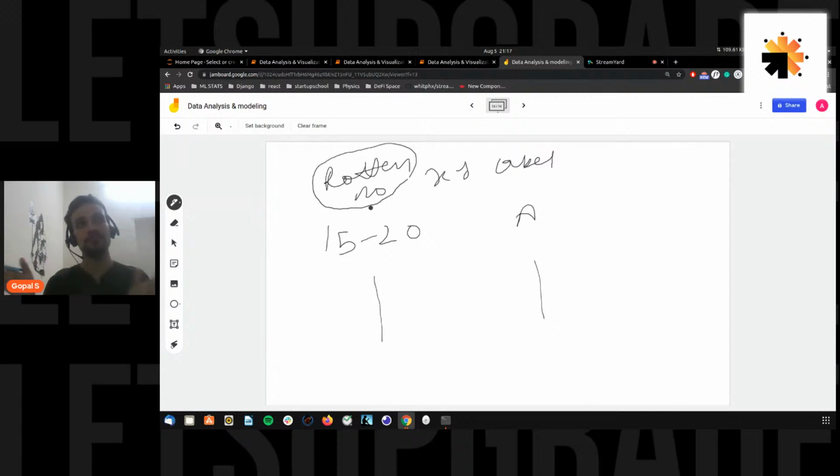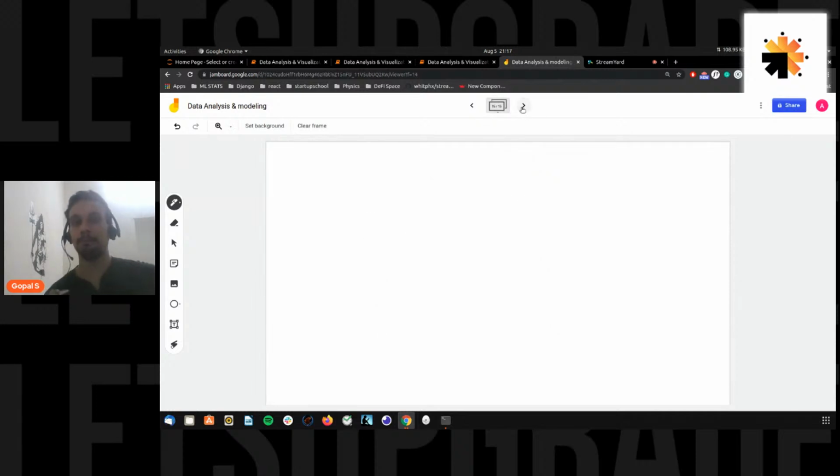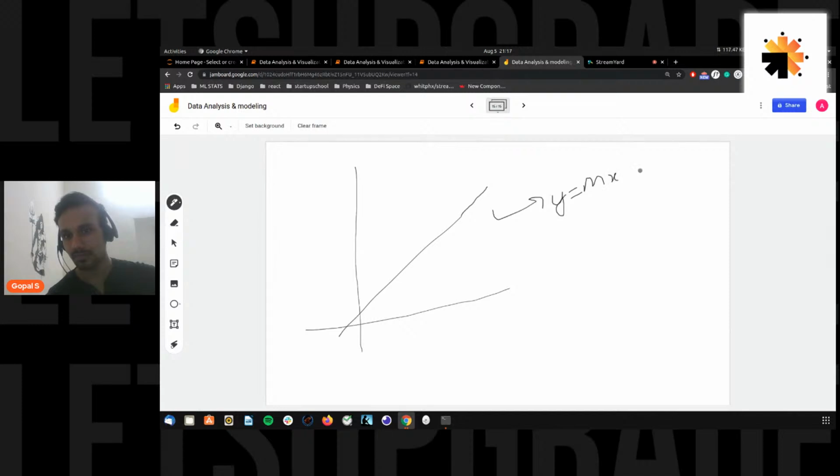There could be many features to deduce whether it belongs to A or B. So in that case, we come up with mathematical operations. What do I mean by that? Let us assume, how many of you actually know this? It's nothing but y equals mx plus c.